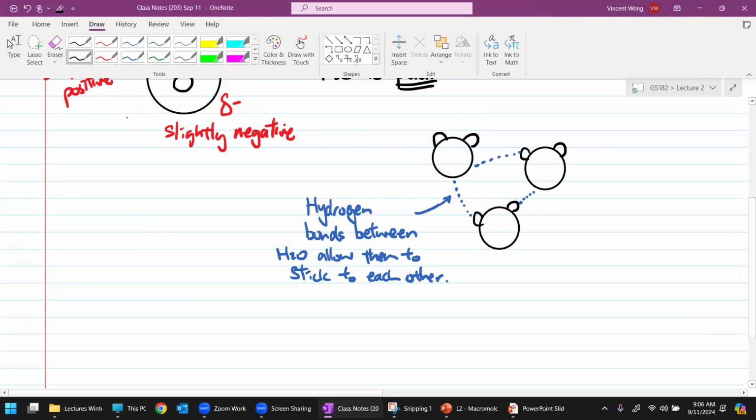That is why you can suck water through a straw. When you drink water through a straw, the water molecule pulls the next one up and the next one up and the next one up. So it forms a chain that allows it to go up the entire straw.